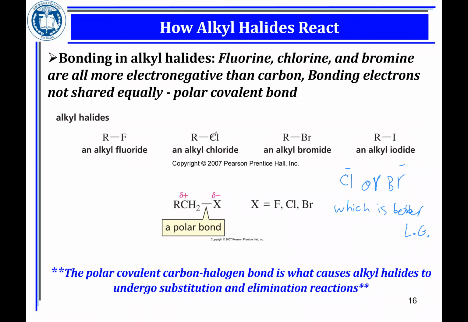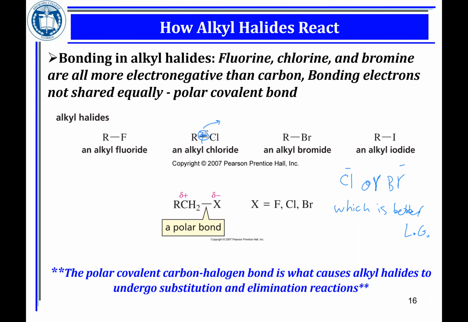Okay. So let's look at the position of chlorine and bromine in the periodic table. When chlorine and bromine are attached to the alkyl group, they are sharing electrons, right? When they leave, they are not leaving as a free radical.